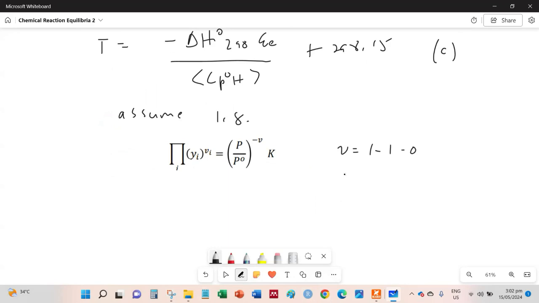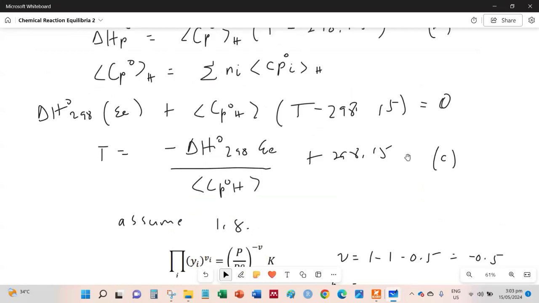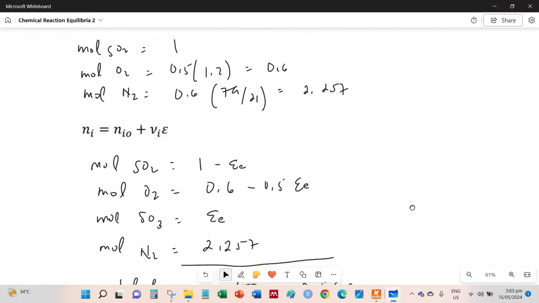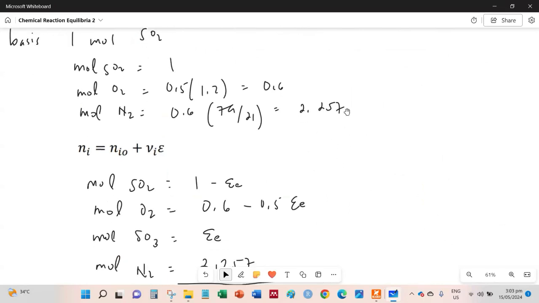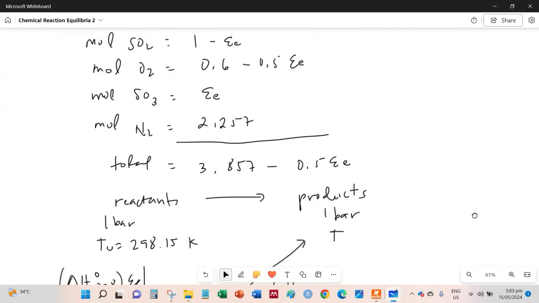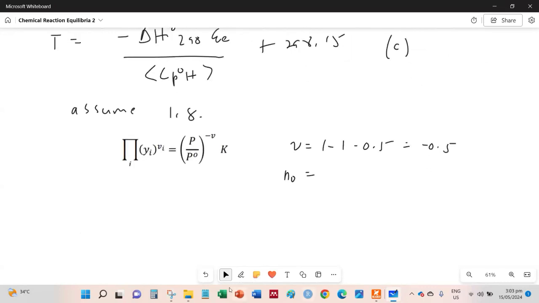And then n naught, you have to add everything: 1 plus 0.6 plus 2.257. These are the initial number of moles, so you have to add them, and that is equal to 3.857.